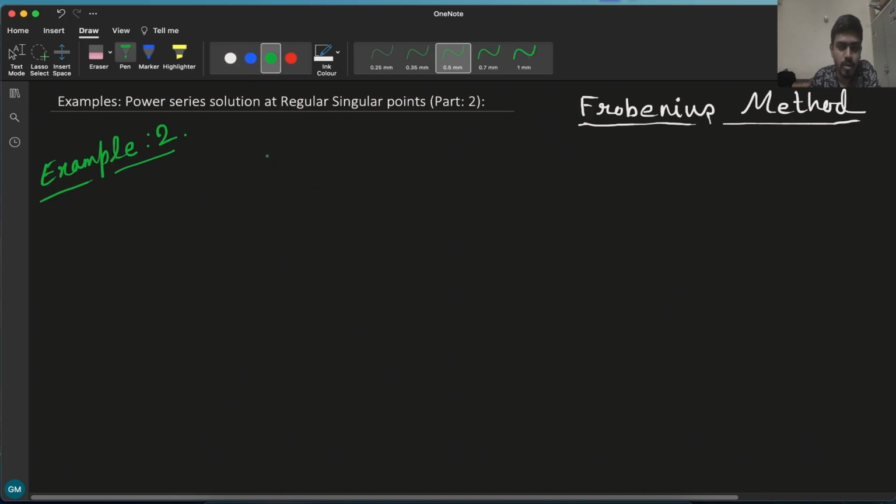The given differential equation is 2x y double dash minus y dash plus 2y equals 0, and I will ask you to solve it along with me. In that case, it will not be boring. Here y double dash means d2y dx2, and y dash is dy dx, where y is a function of x.